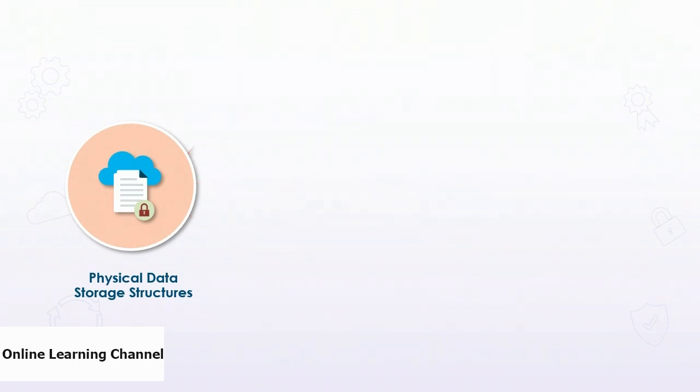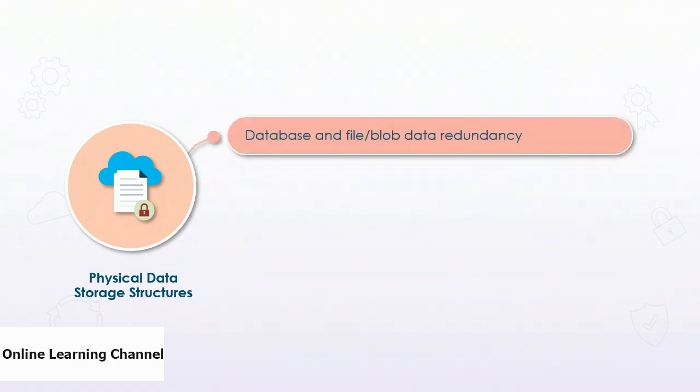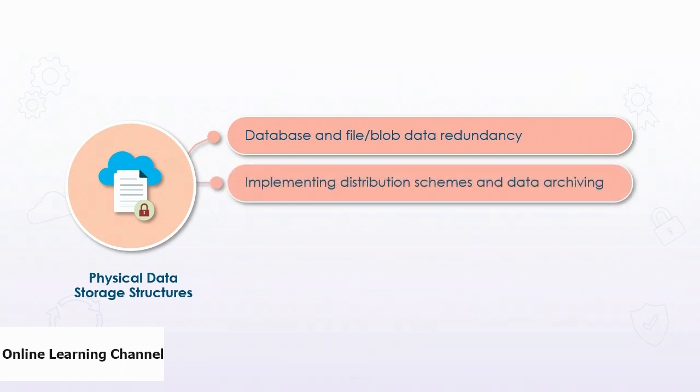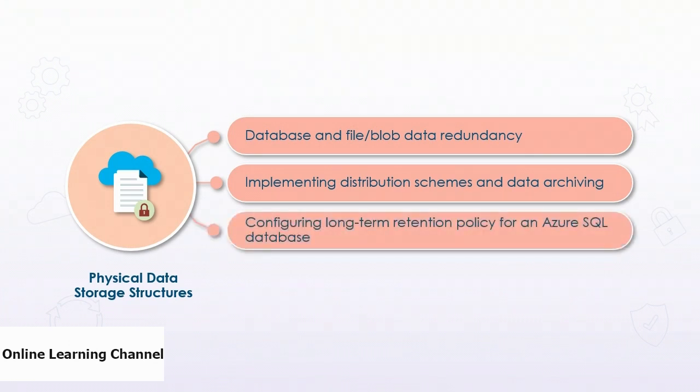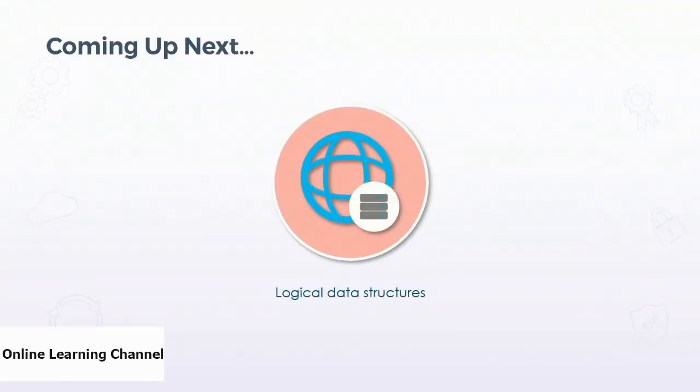We also looked at database and file blob data redundancy, implementing distribution schemes and data archiving, and configuring long-term retention policies for an Azure SQL database. In our next course, we'll move on to examine how to plan and implement an efficient physical data storage structure.